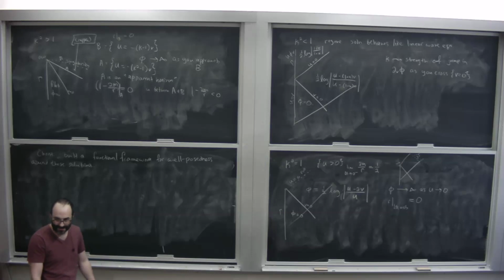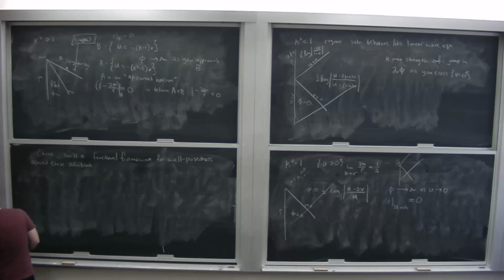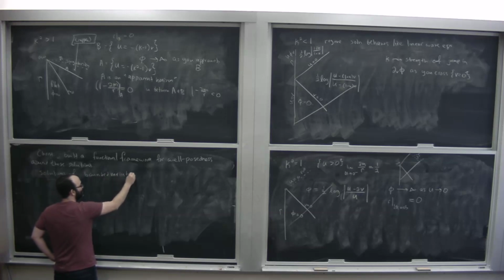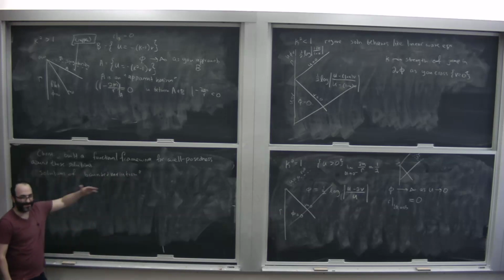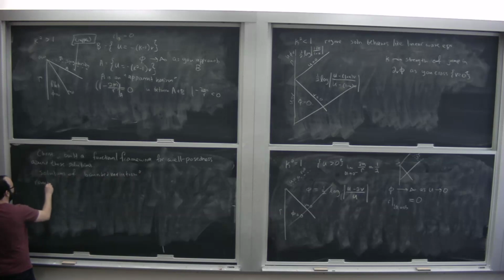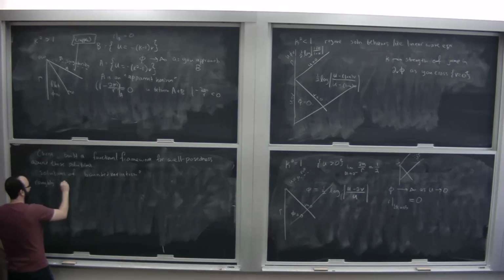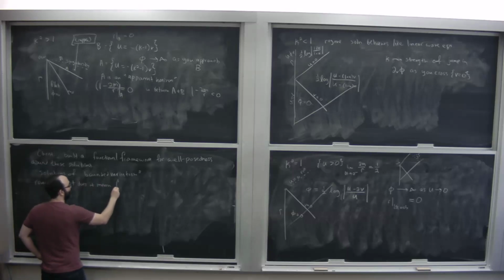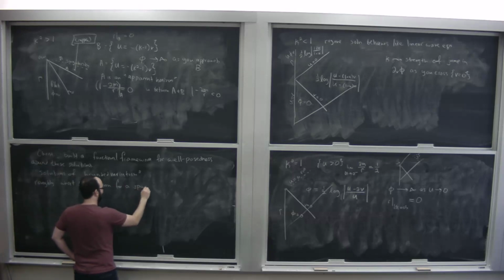There's continuous dependence on initial data, some version of that. He called these solutions of bounded variation, which is somewhat confusing because it makes you think that the scalar field is of bounded variation, but actually it's the derivatives of the scalar field that are of bounded variation. So very roughly, what does it mean for a space-time to be in this class?